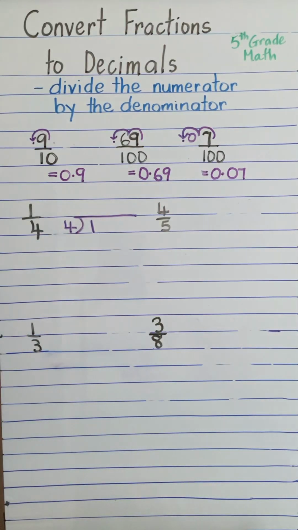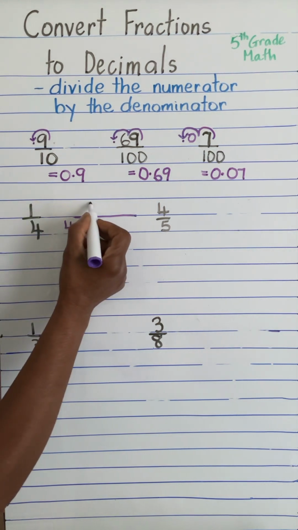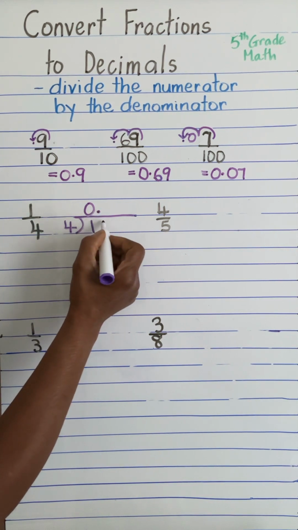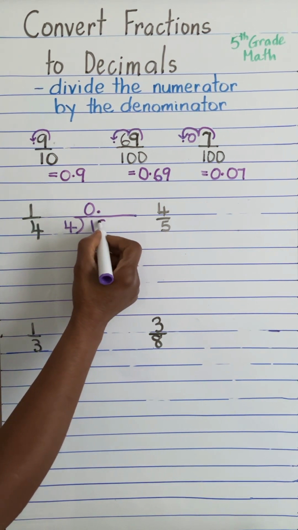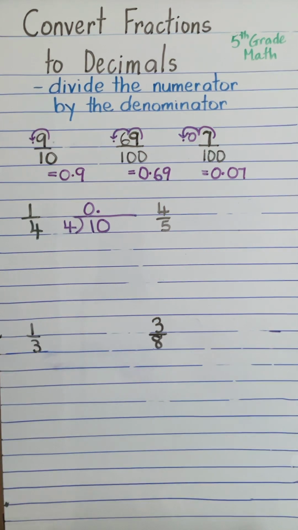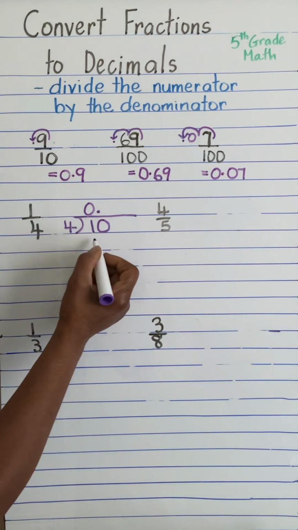How many times can 4 go into 1? It's 0 times, and then we put a point and add a 0. How many times can 4 go into 10?